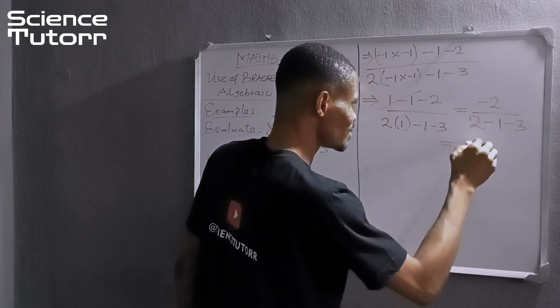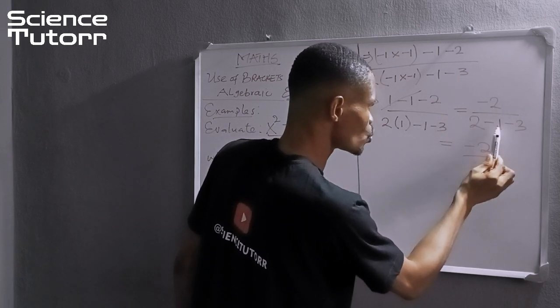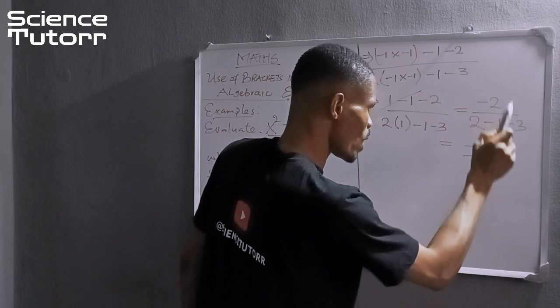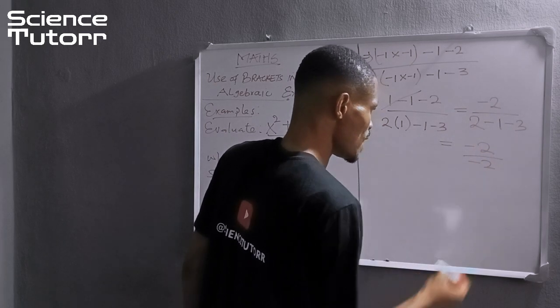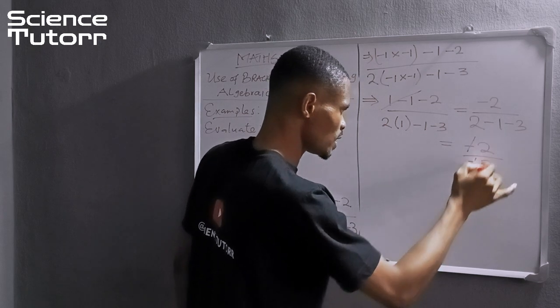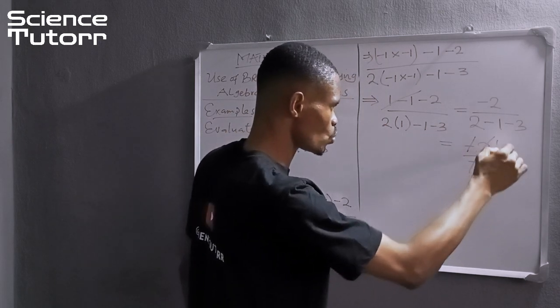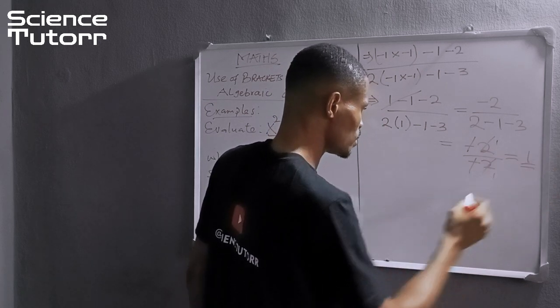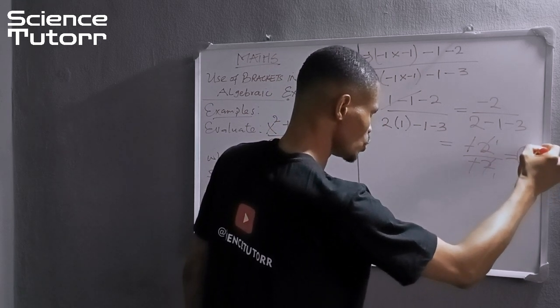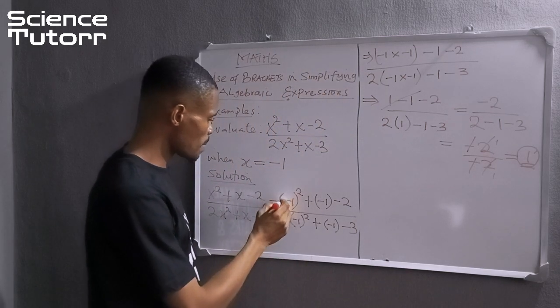So that makes minus 2 divided by 2 minus 1 is 1, 1 minus 3 is negative 2. At the end of the day, you can see like terms cancel out. So minus 2 over minus 2 is 1. At the end of it all, I have 1 as my result, simplified with the help of my brackets.